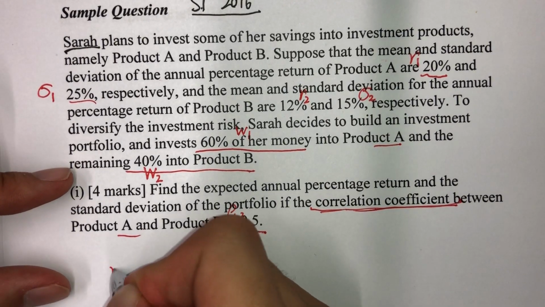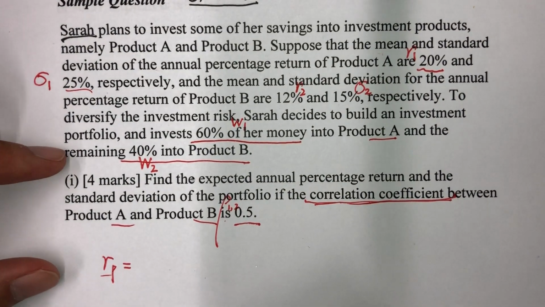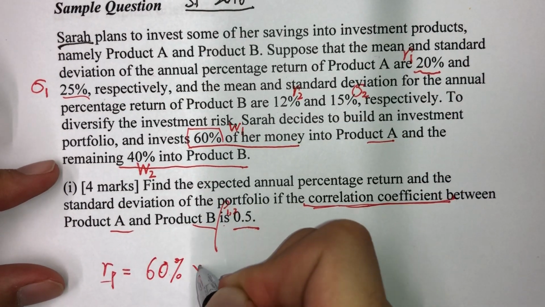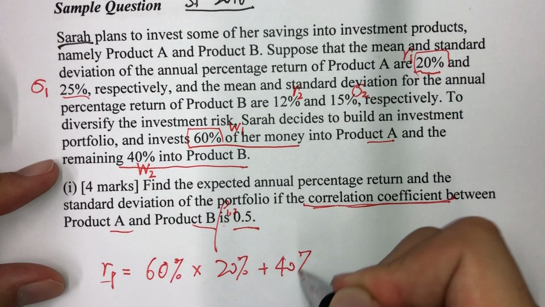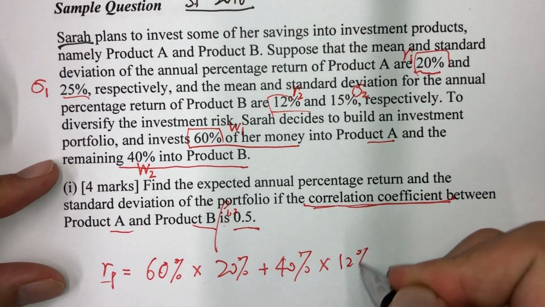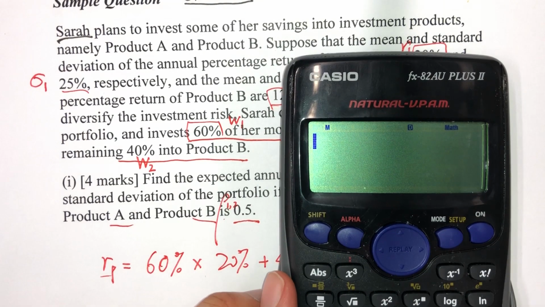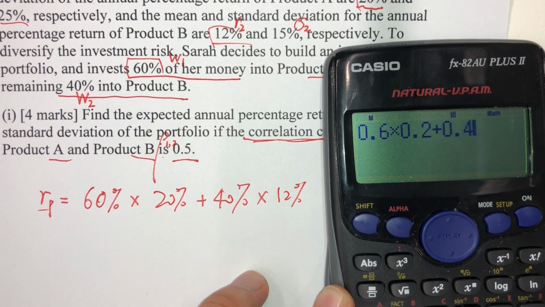So for example, if I define RP as the portfolio return, then RP must be equal to what? All right, great. So it should be 60% on R1, which is 20%, plus 40% on RB, which is 12%. And now you can take out your calculator to calculate this result. I still haven't done this, so let's do it together. So this should be 0.6 times 0.2 plus 0.4 times 0.12.